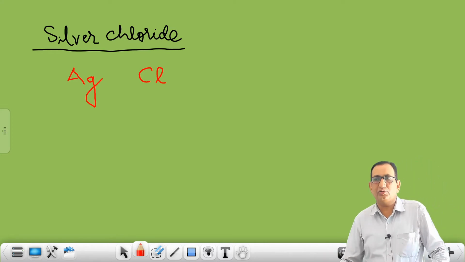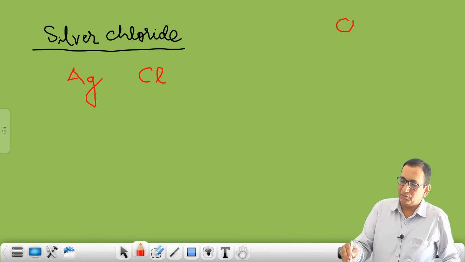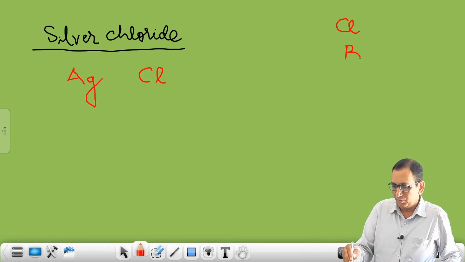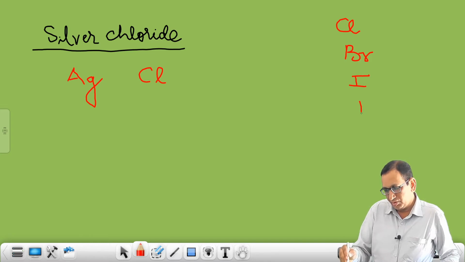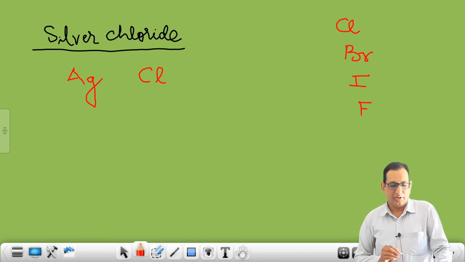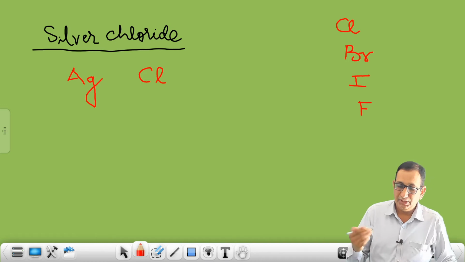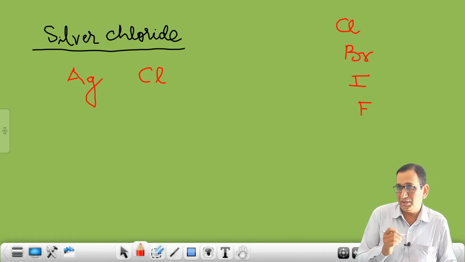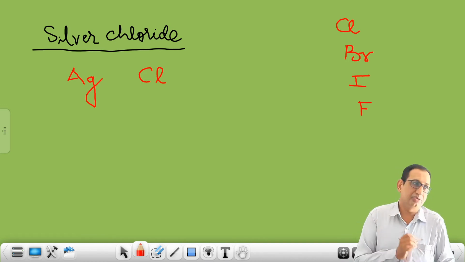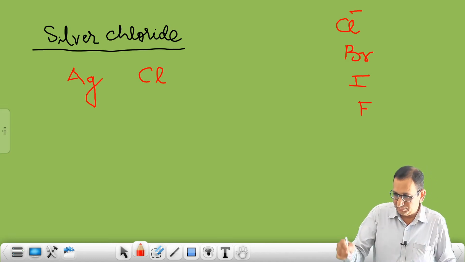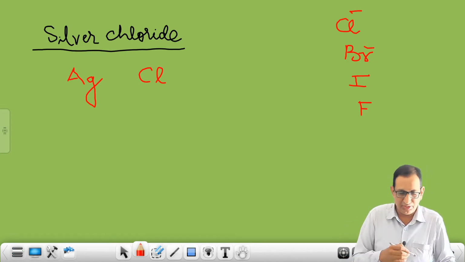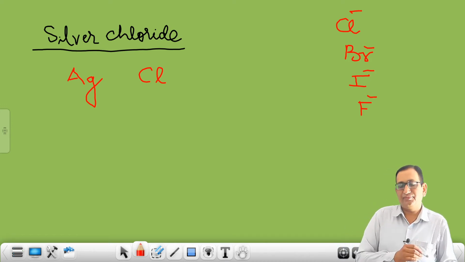The valency of all these halogens, like chlorine, bromine, iodine or fluorine, these are elements, and in the ionic form they have a single negative charge.